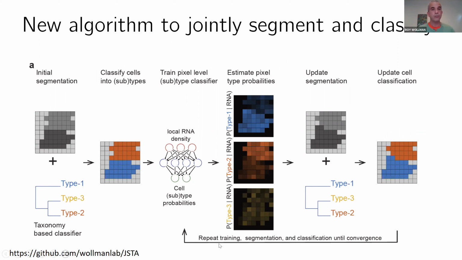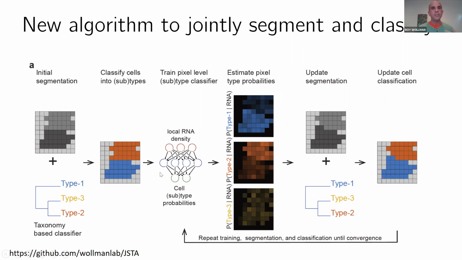And I can use that now to train a neural network, to say, given the local RNA densities, each one of those pixels will have a vector of 80-something different genes that we're using for this purpose of segmentation. We ask, if this is the RNA expression in this specific pixel, what will we predict the cell type to be?